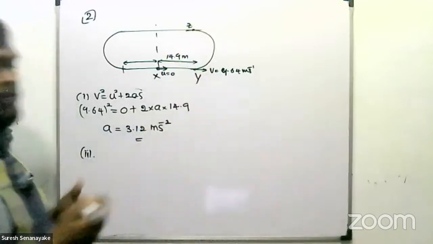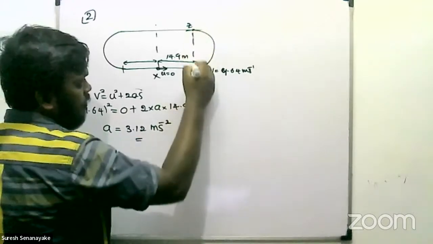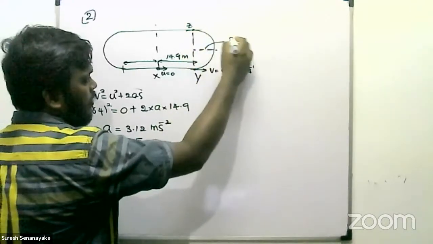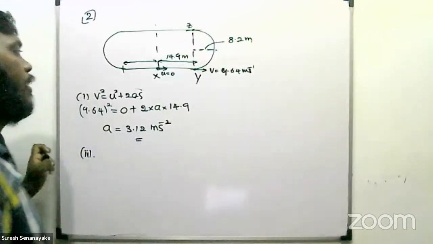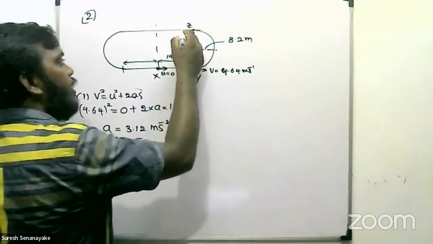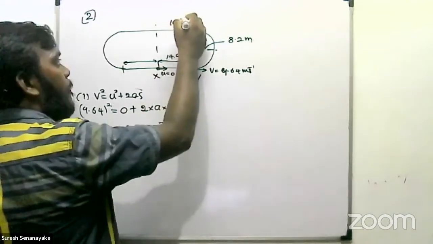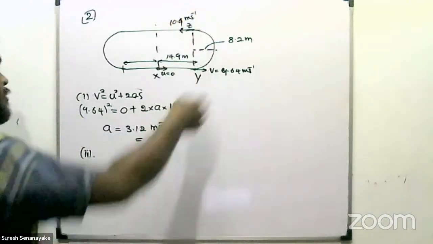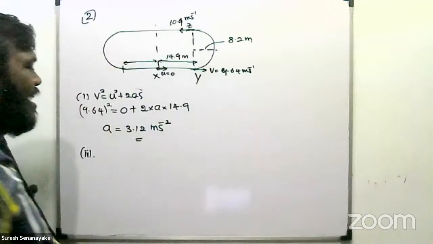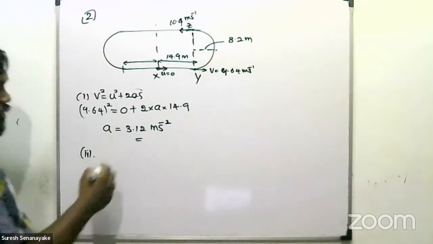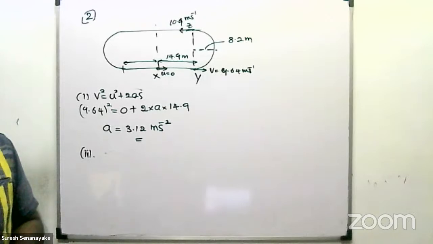The radius of the path is given in the question as 8.2 meters, and the velocity given is 10.9 meters per second. Now this velocity changes, and you can find the omega. It is asking for the angular acceleration, right?